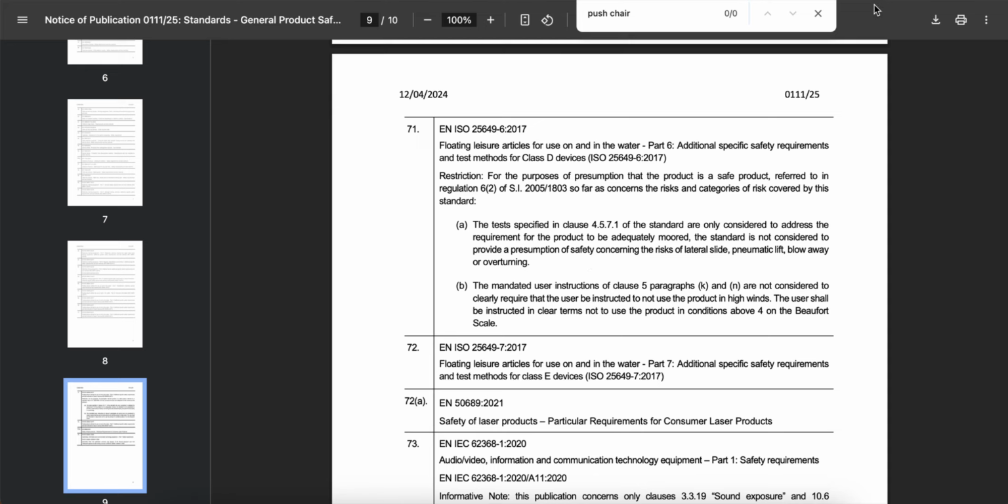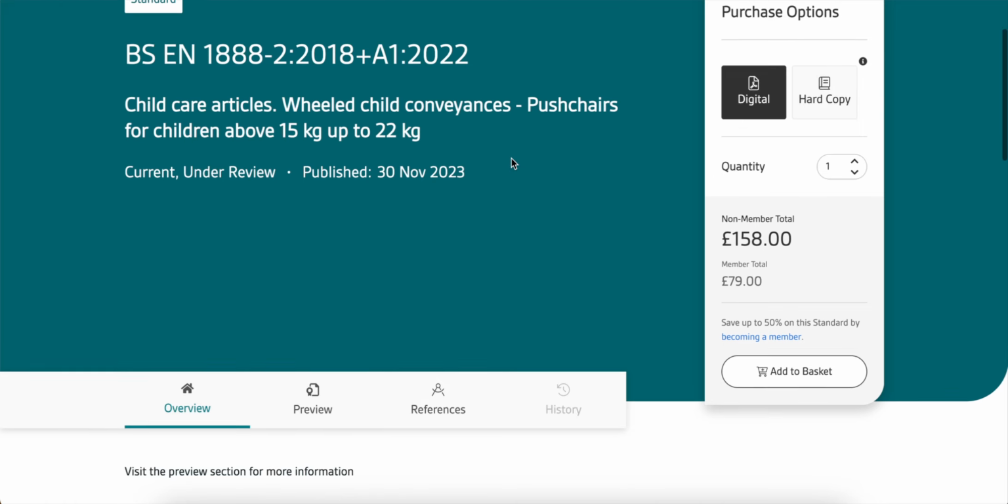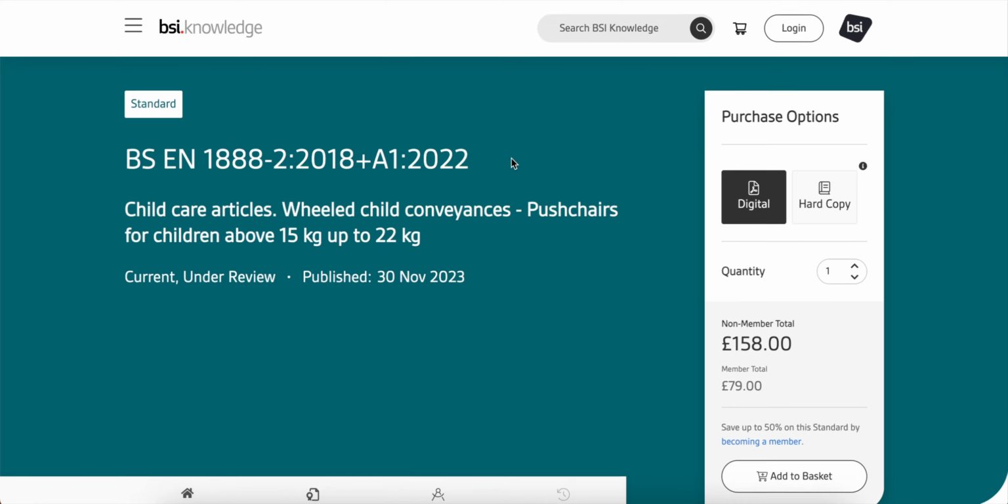And if you don't find anything, then you can go to the BSI knowledge database, type in the product name, a few different variations, and see if you can find something else. And if you find absolutely nothing, then my recommendation is that you bring this up with a lab like Intertek or another lab that's working with compliance testing for the UK, and ask them to help you make this assessment.